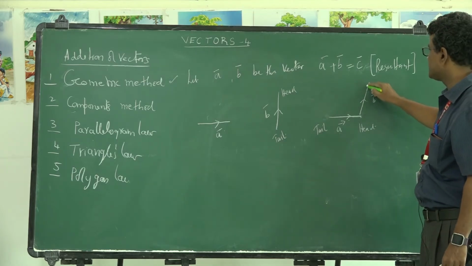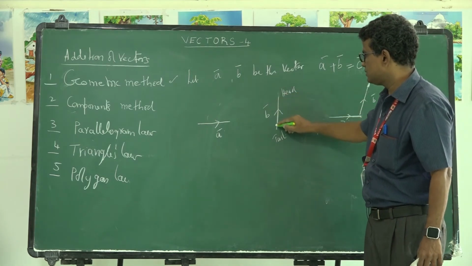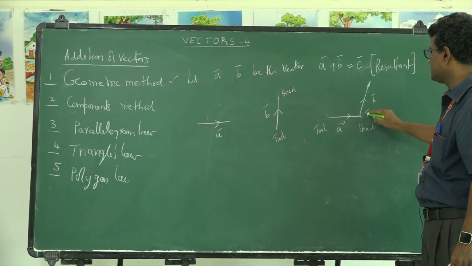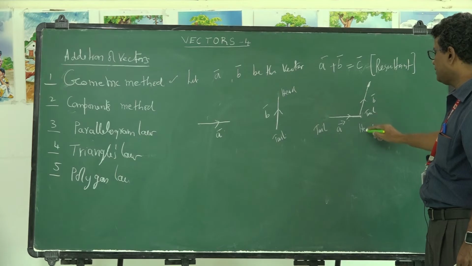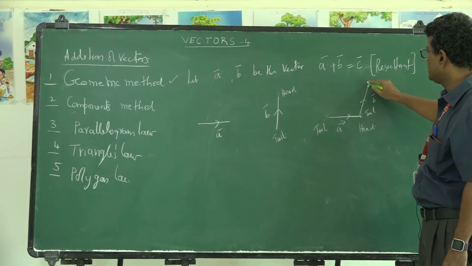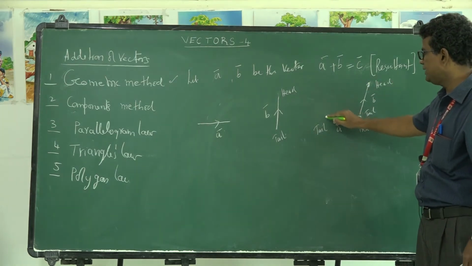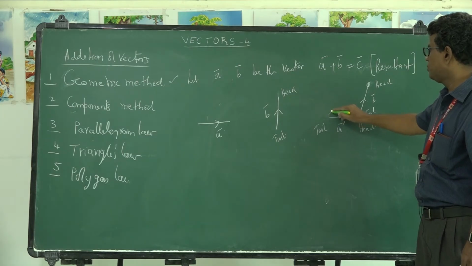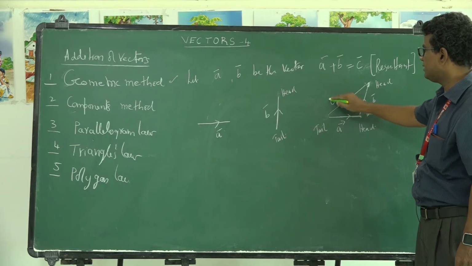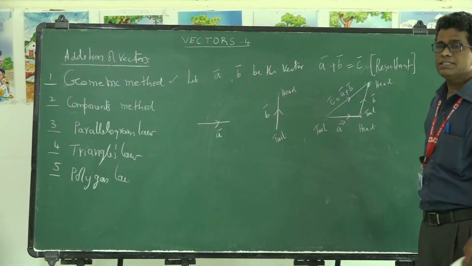The tail of the second vector I joined with the head of the first vector. Now you join the tail of the first vector to the head of the second vector. This gives the resultant of the given two vectors: c bar is equal to a bar plus b bar.